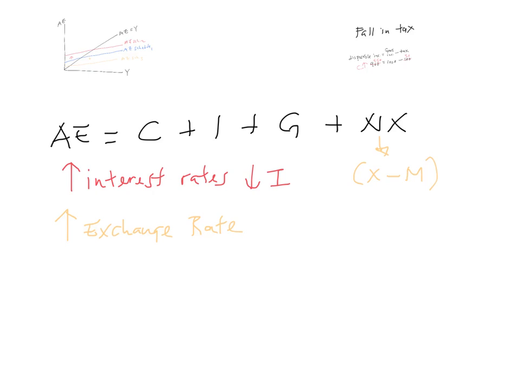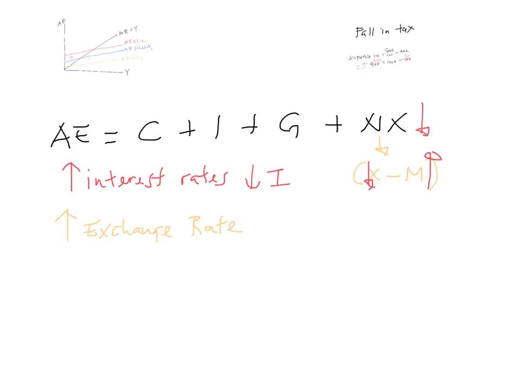If the Australian dollar is strong, that would reduce our exports because foreigners find it more expensive to buy Australian products and they will buy less Australian products. But it will increase our imports because it's cheaper for Australians to buy foreign products now. So that will reduce net exports, which means that will reduce aggregate expenditure and that will shift the curve down.